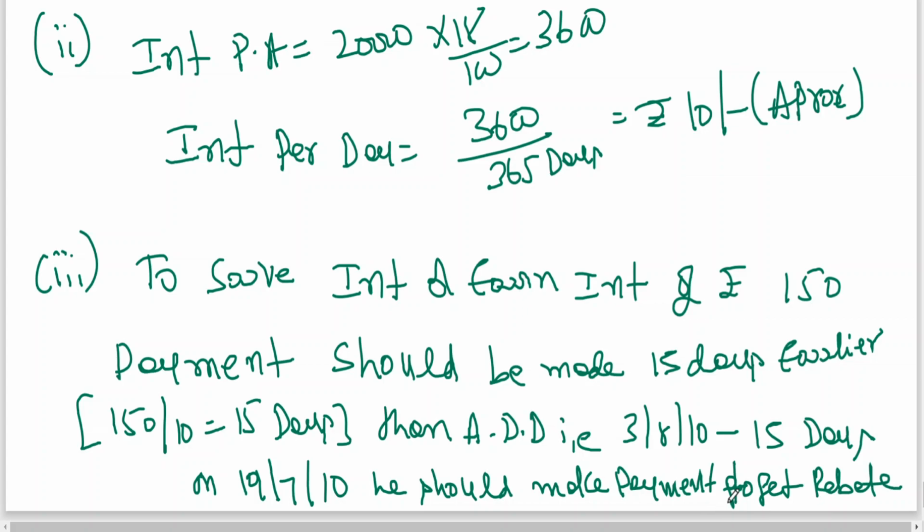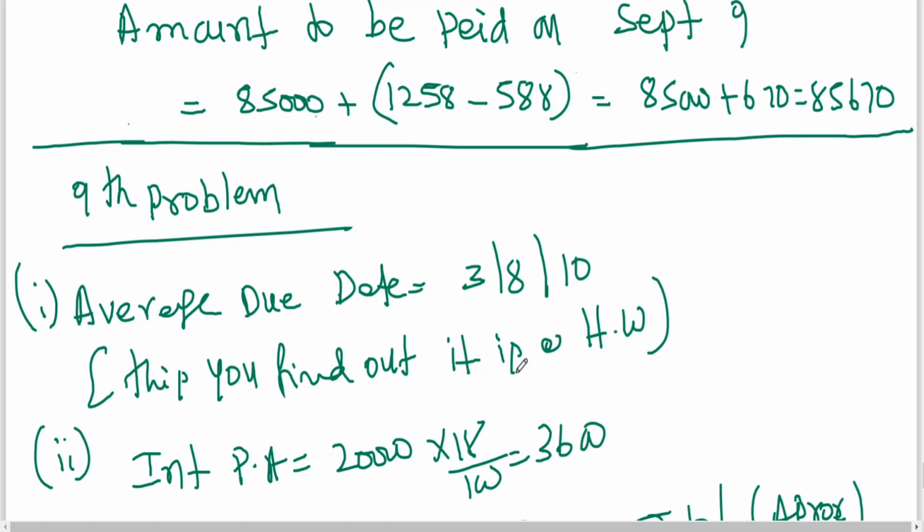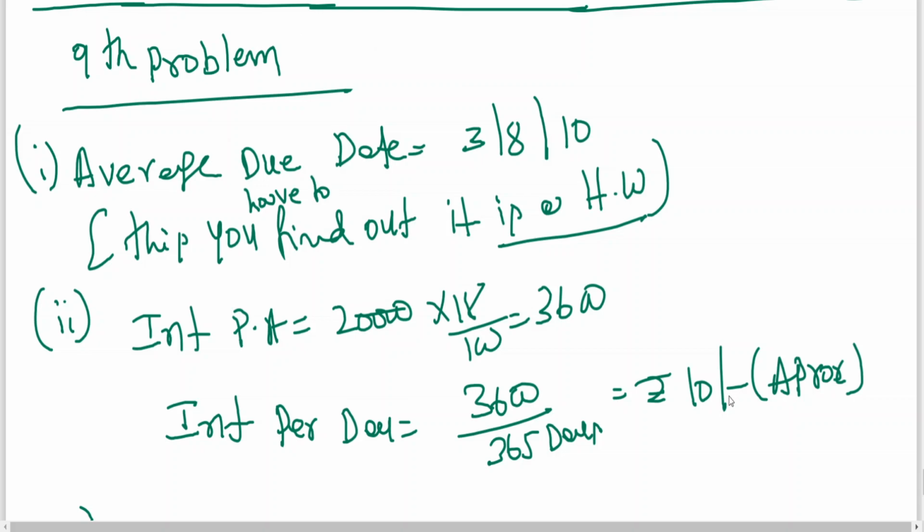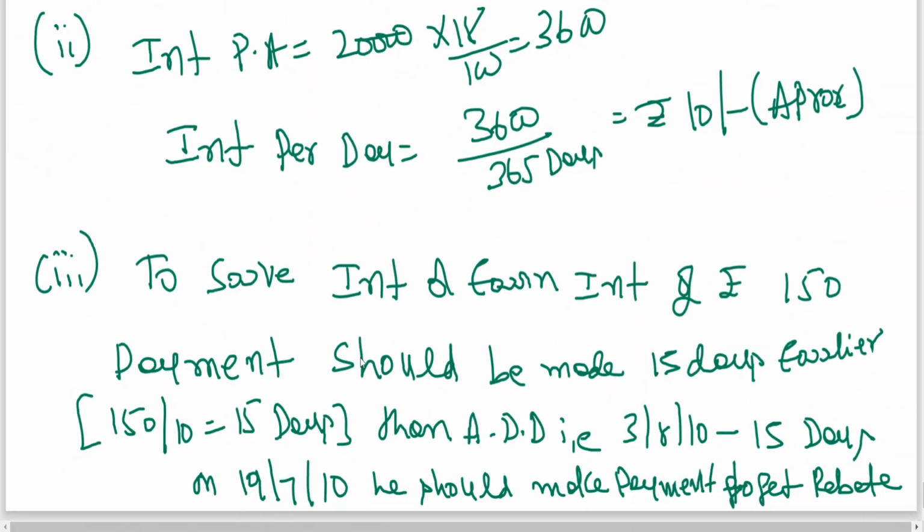I repeat once again. First, you have to calculate average due date. This you have to find out. This is homework. Then interest per annum, 20,000 is the total amount at 18%, 3,600. Interest per day 10 rupees. To save interest of rupees 150, payment should be made 15 days earlier, because 150 by 10.